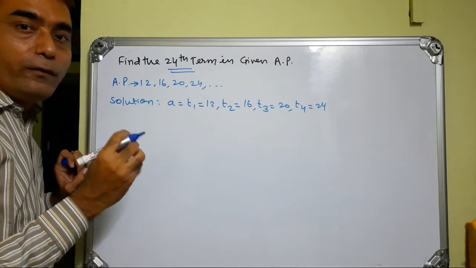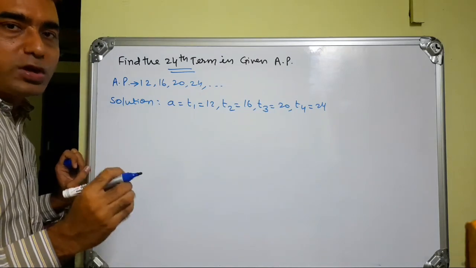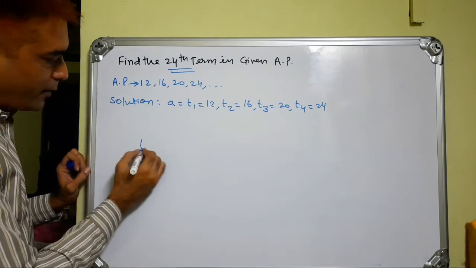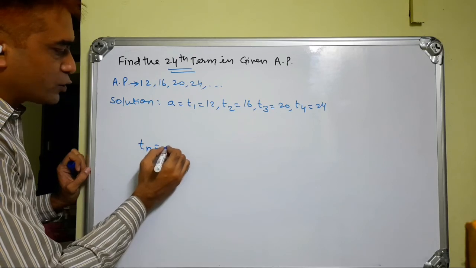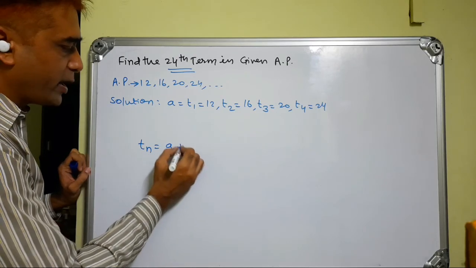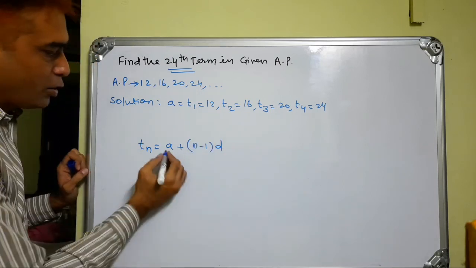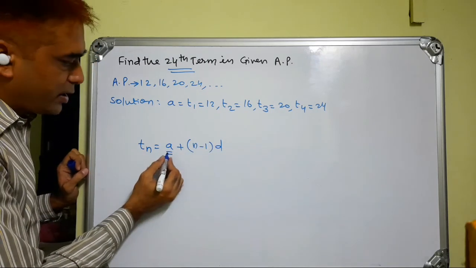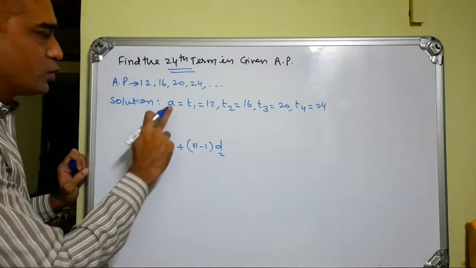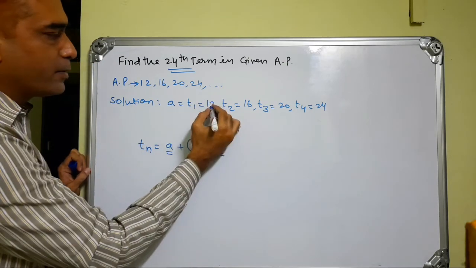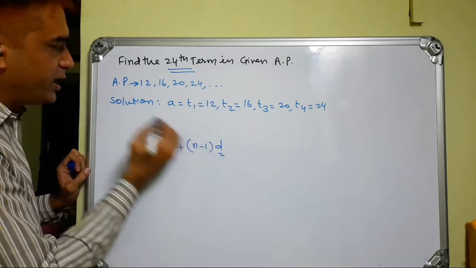Now what two things do we need for the formula Tn equals, what is the formula? Tn equals a plus n minus 1 into d. Here we need two things, a and d. A is T1, which is 12. This we know. Now we need d.